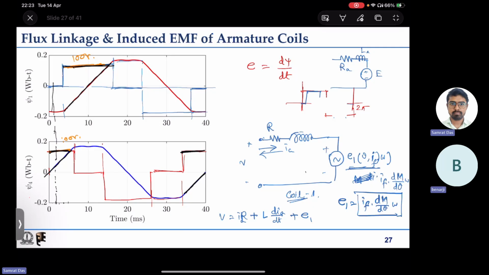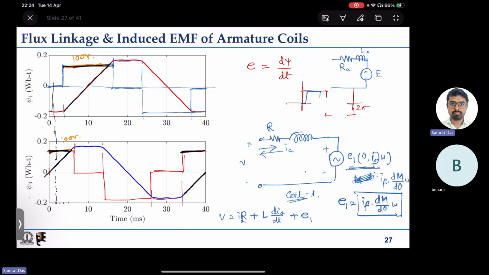At that instant, in coil 1 we are having zero flux linkage, zero EMF, right? Zero EMF. At the same instant of time we are having 100 volts here in coil 4. At that rotor position, the EMFs are not the same, right?